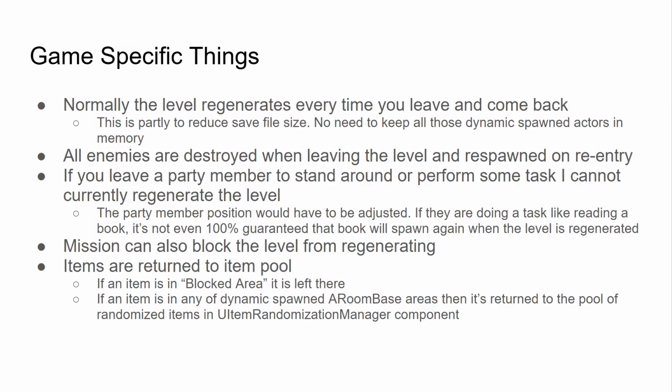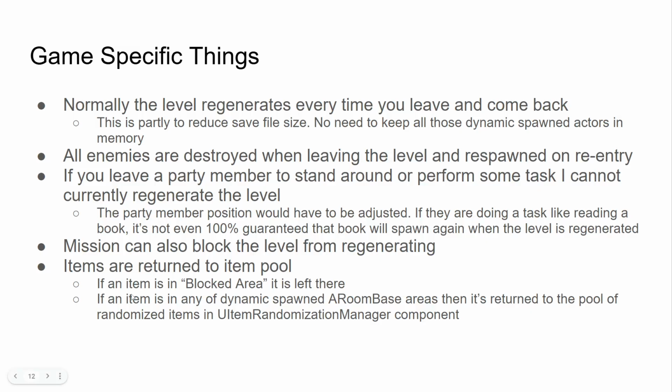At least when I've tried it, it takes about 5 seconds to save the level, which doesn't take nearly as long in all the other levels. So that's why, when you go to another level, I don't save it, and it frees up the memory. Similarly, all the enemies are destroyed. I think I do this in all the other levels too, where I delete the enemies and then respawn them on entry.